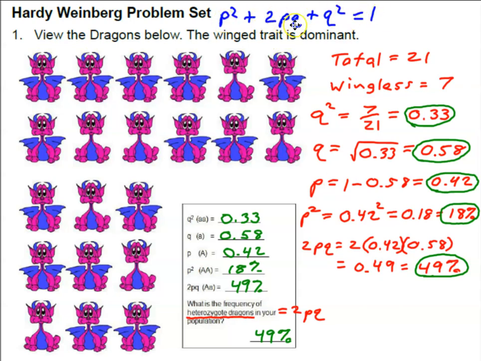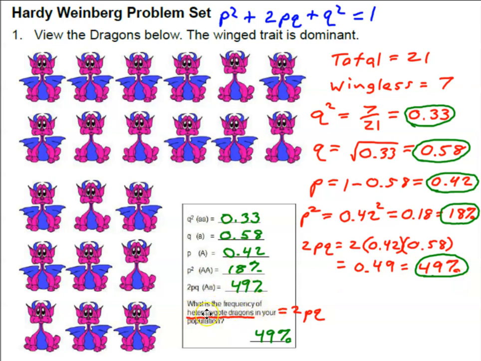So that's 2 times 0.42, which is the allele frequency of P, times 0.58, which is the allele frequency of Q, or the allele frequency of the recessive allele. So the dominant allele times the recessive allele times 2pq. And that ends up being 0.49. And again, that's a genotypic frequency, and so we want to multiply by 100 to make that 49%. And so those are all of our answers.